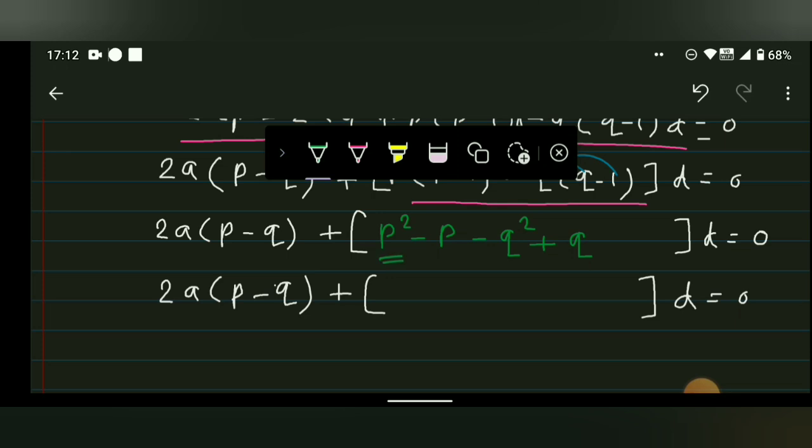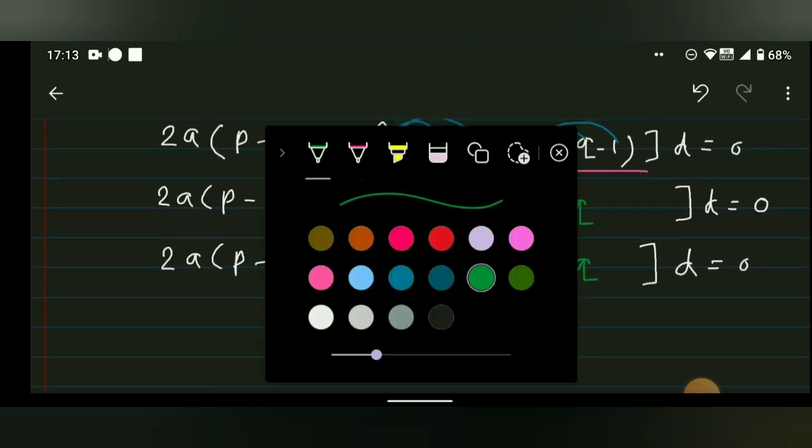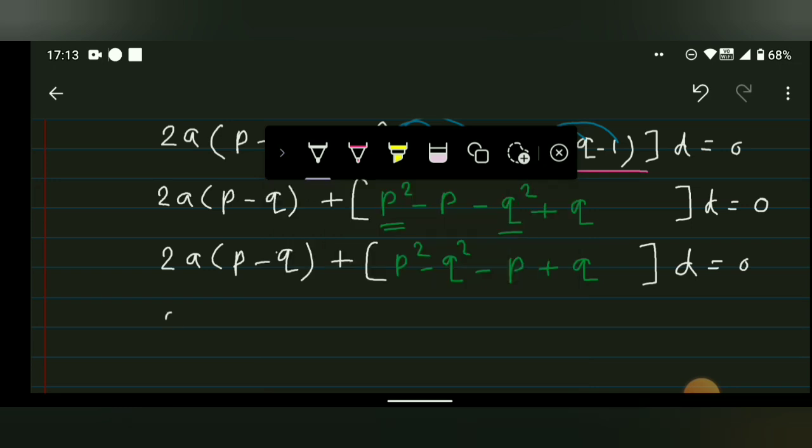Now I will just rearrange the terms: p square minus q square sequentially, after that minus p plus q. So now again we are having the other terms as they are: 2a in a bracket p minus q, plus again we are having a bracket into d equal to 0.